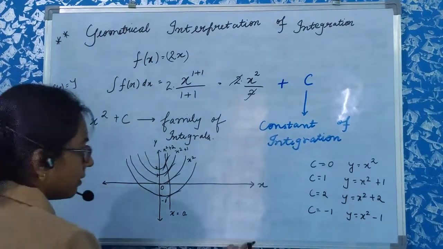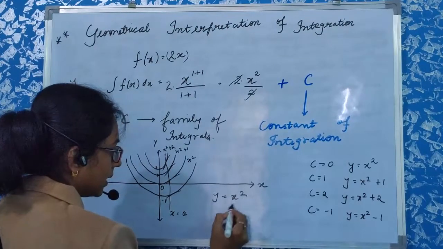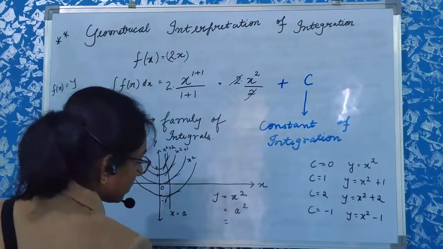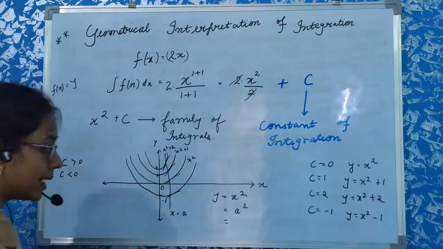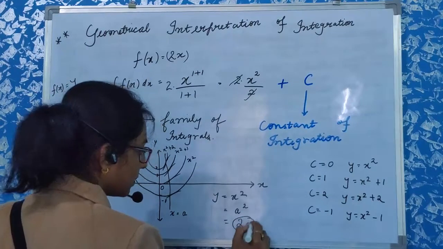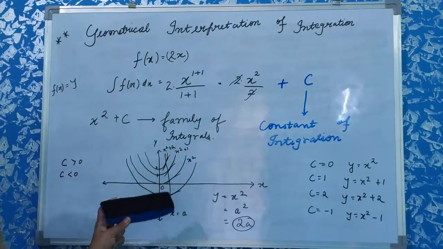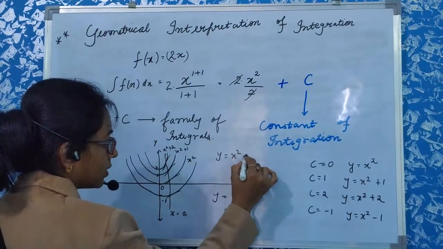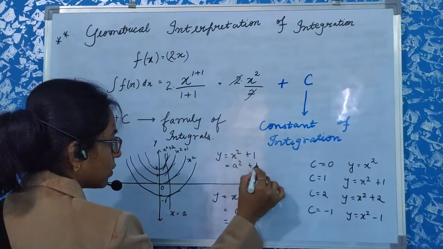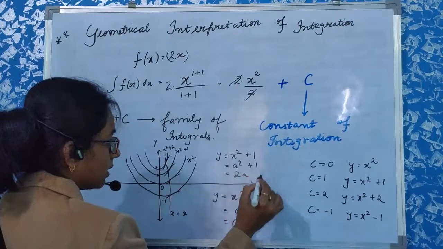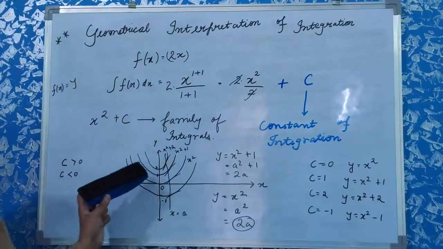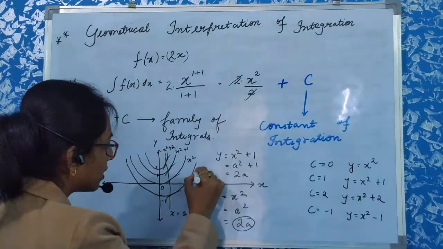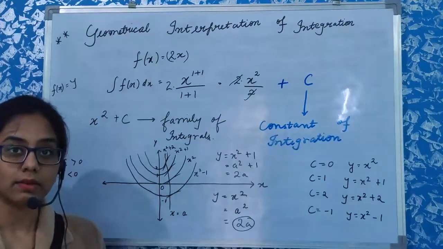So if you have y equals x square, by differentiating, what are you getting? It's 2a. Similarly, if you use y equals x square plus 1, again it will be 2a. For x square plus 2, you will get 2a. For x square minus 1, you will get 2a.